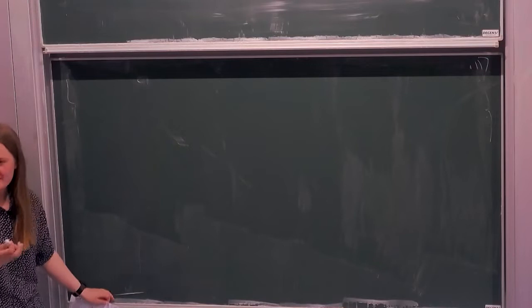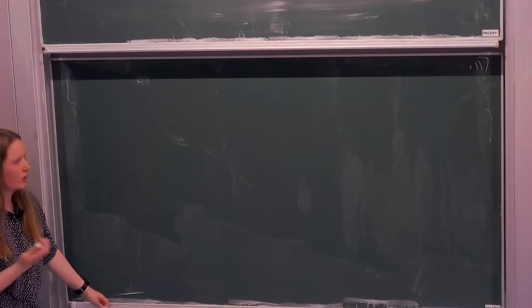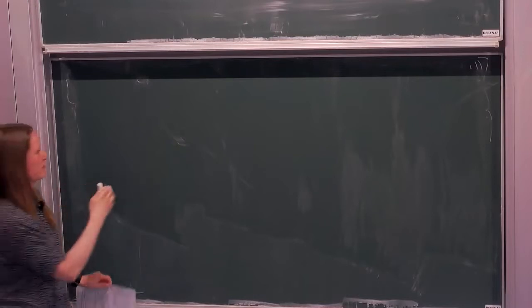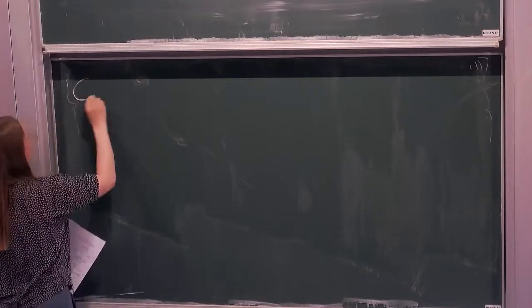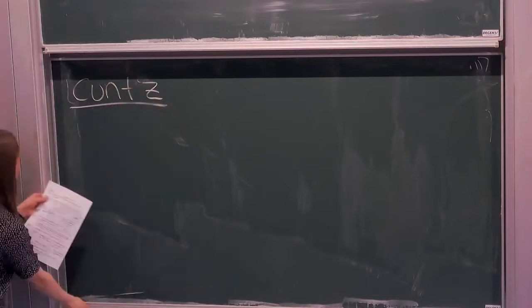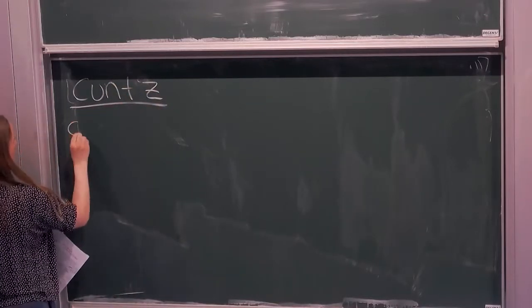Now let me describe why we want to look at these pre-quasi-homomorphisms, what makes KK theory easier when we use this picture instead of Kasparov modules. Here I have been looking at two papers by Cuntz.